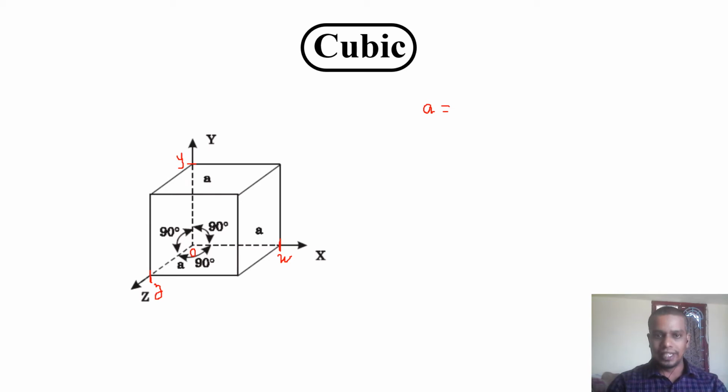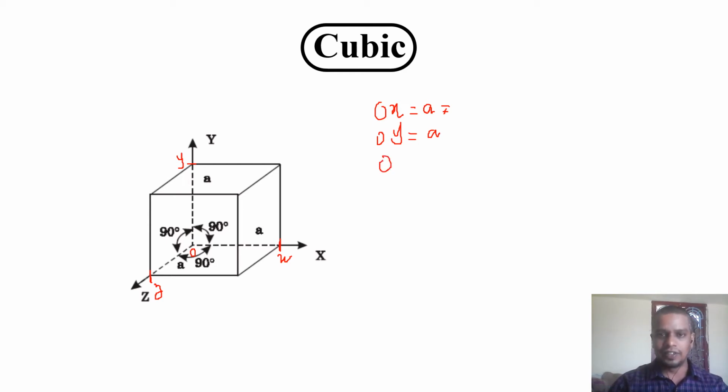So Ox, the intersect point, O to small x, that is the x intercept, equal to a. Now if you look at the y intercept, from origin O to small y, that length is a, the intersecting length along the y direction. Since it is a cubical system, all the sides are equal.